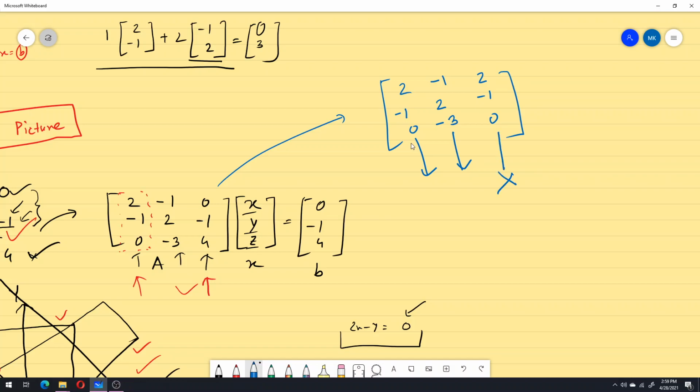So you cannot reach all the points on that 3D system.